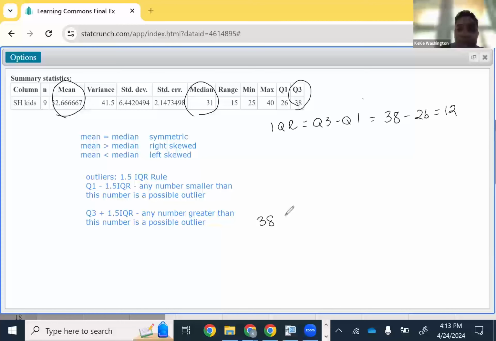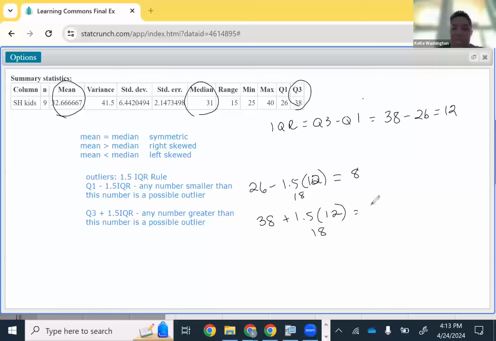So we add 1.5 IQRs, and then we take Q1 and we subtract 1.5 IQRs. Oops, 12. All right, so 1.5 times 12, that'll be 18. And 26 minus 18 will be 8.